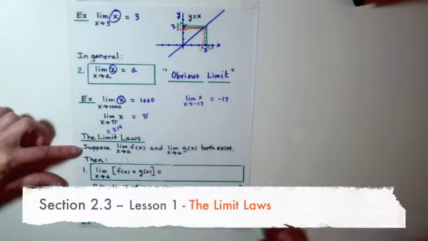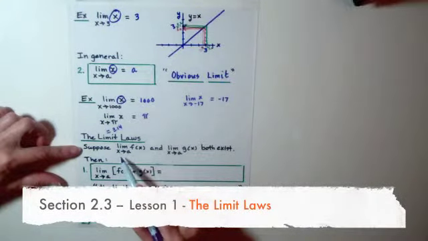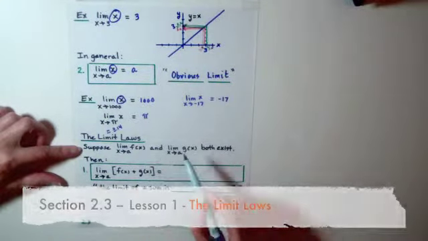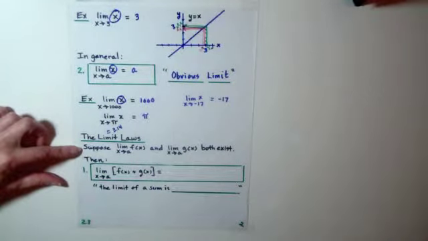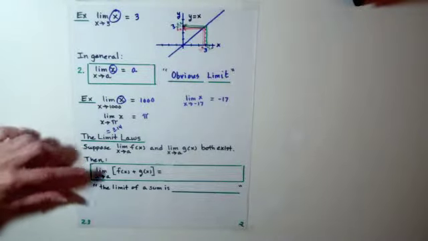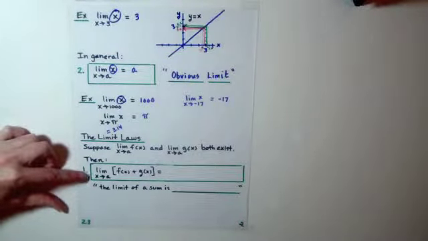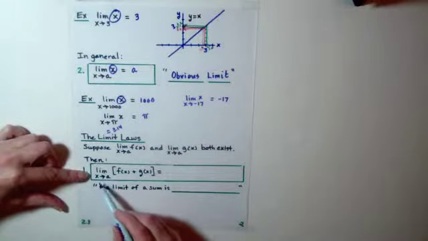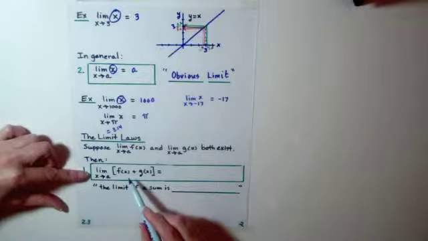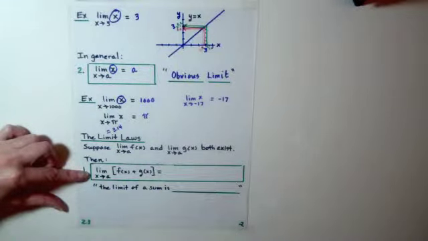Okay, first limit law. Suppose that we know that the limit as x approaches a of f of x and the limit as x approaches a of some other function, g of x, both exist and equal some particular numbers. This is what's going to be referred to as our sum limit law. When we want to find the limit as x approaches a of the sum function f of x plus g of x, it turns out that we can just find the sum of the individual limits.